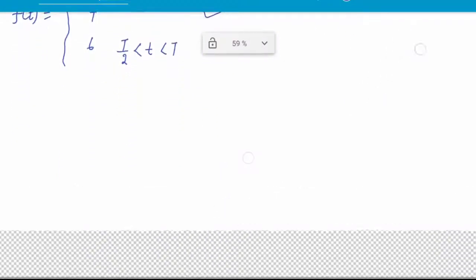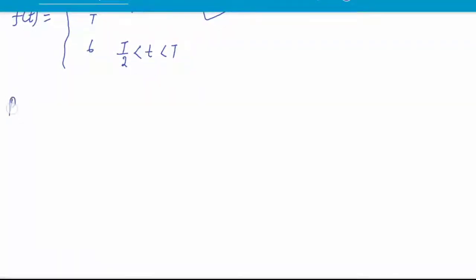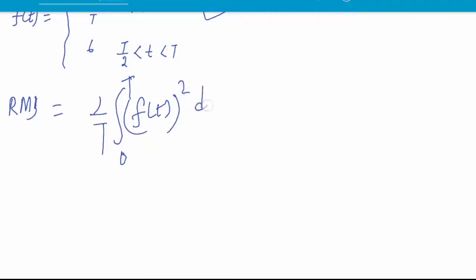and so the RMS value will be the square root of 1 by T, integration from 0 to T of f of t whole square dt.